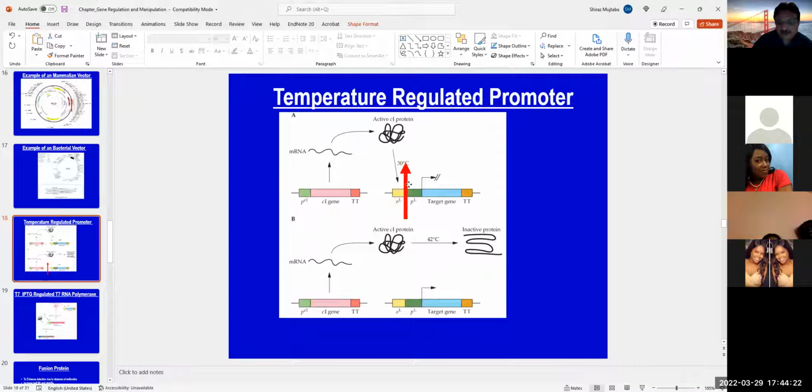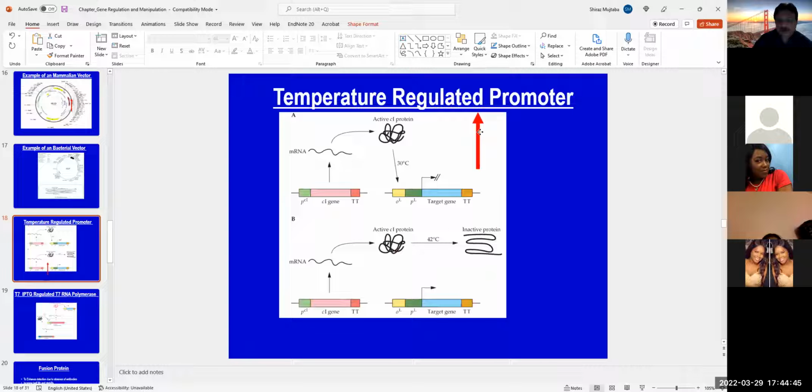So normal room temperature could be 30 degrees. A bacteria could be grown in 37 degrees. But when the temperature comes to 30 degrees, there is no expression. And when the temperature is increased to 42 degrees, then there is active protein production.